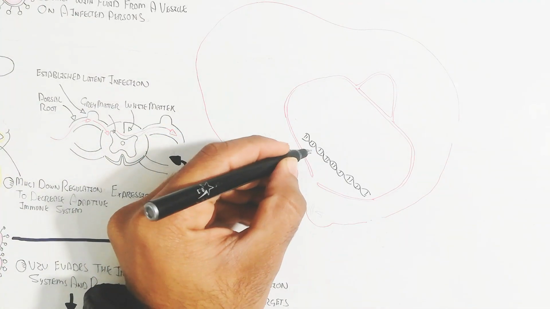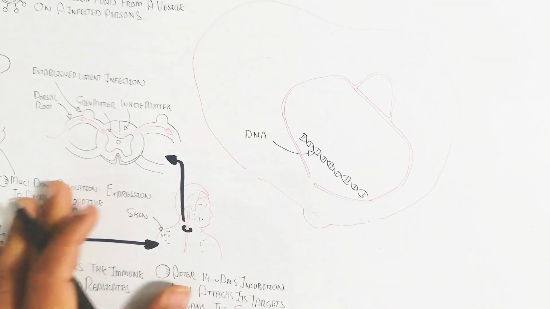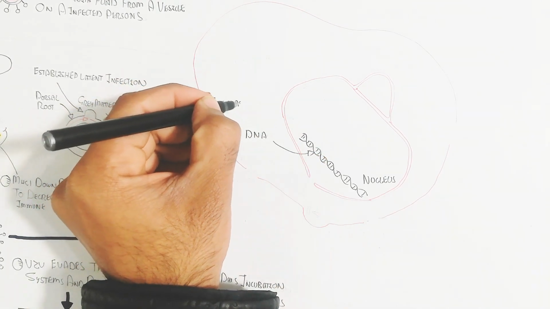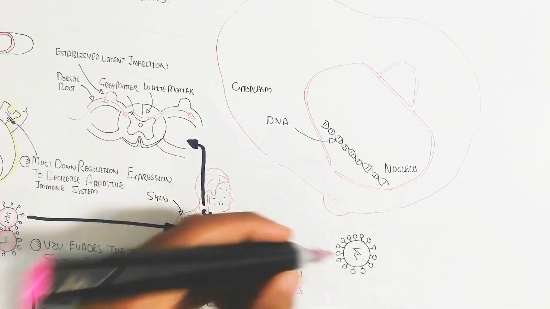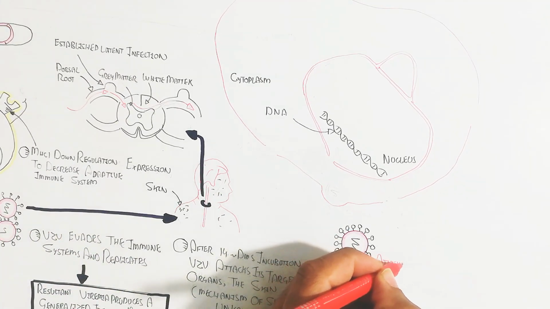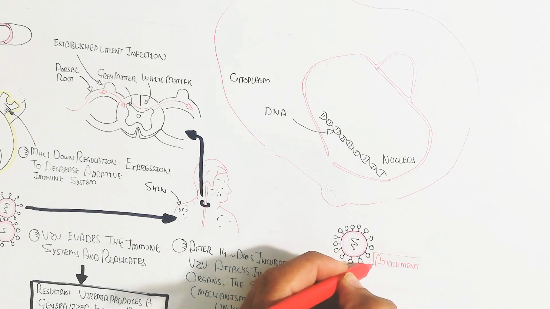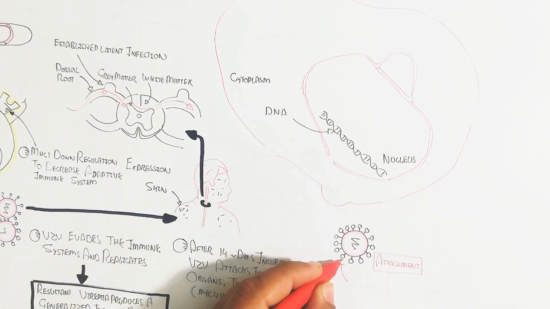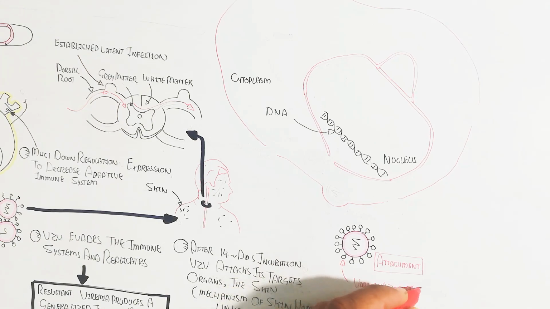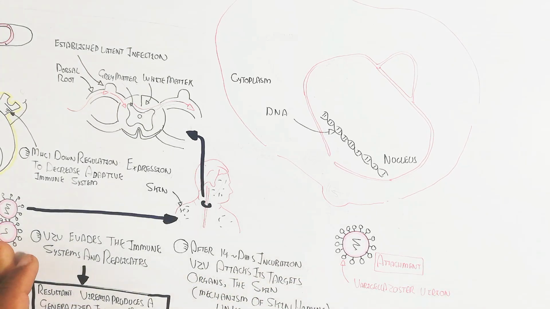Generally, simply we will understand this is the DNA, the nucleus and the cytoplasm, and the fusion and uncoating will occur. The varicella zoster virion contains proteins on the surface which are important for the attachment.